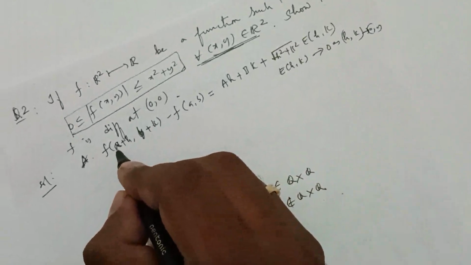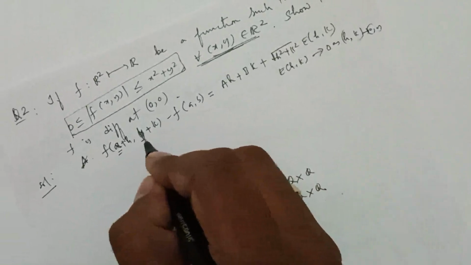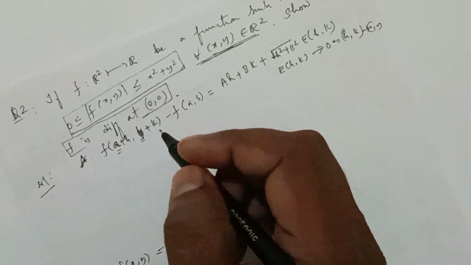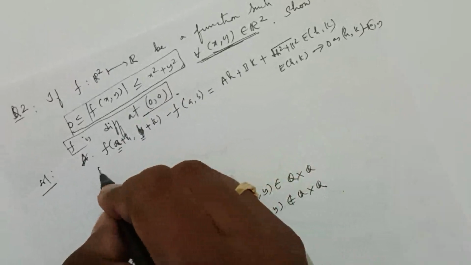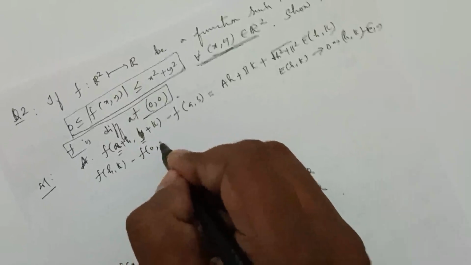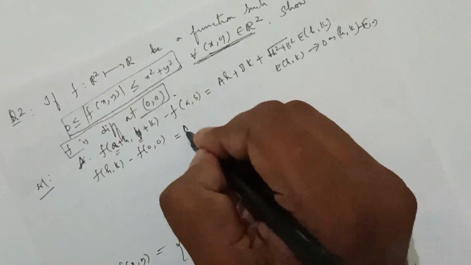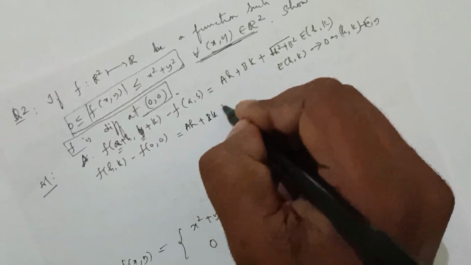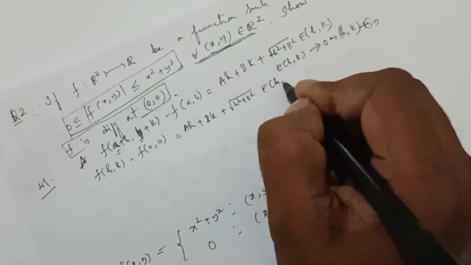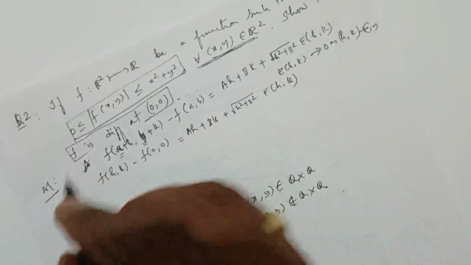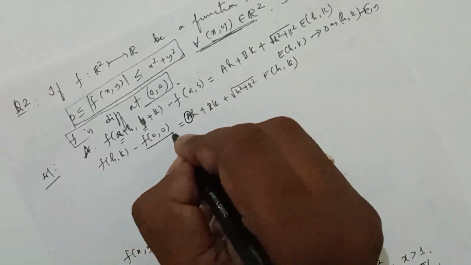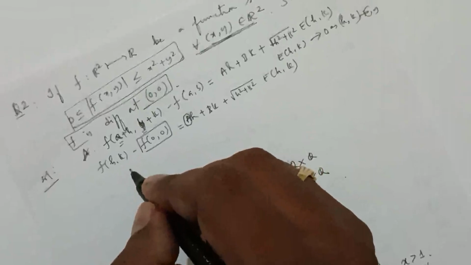So a is given to be 0, b is given to be 0 because he is asking f is differentiable at 0 comma 0. So it is f of h comma k minus f of 0 comma 0 equals ah plus bk plus square root of h square plus k square e of h comma k. But we need to find this a and we need to know what is the value of this.